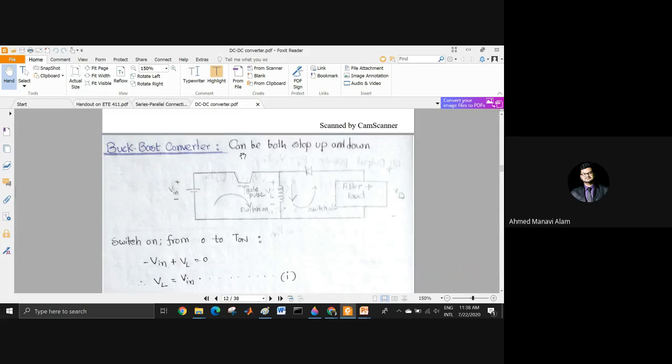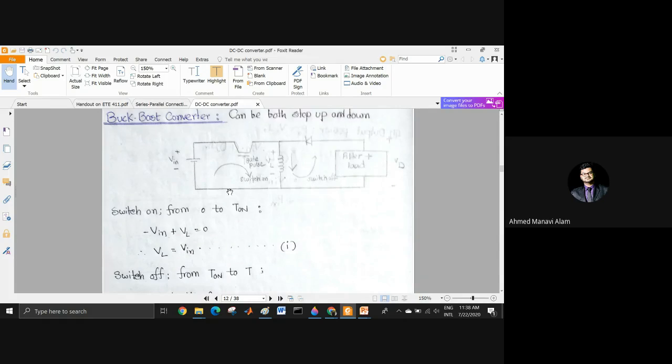Now, the circuit for buck boost converter is something like this. Again, we will have three parts to start the derivation: switch on, switch off, over the cycle.